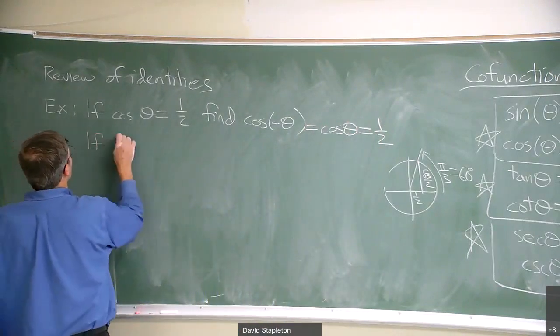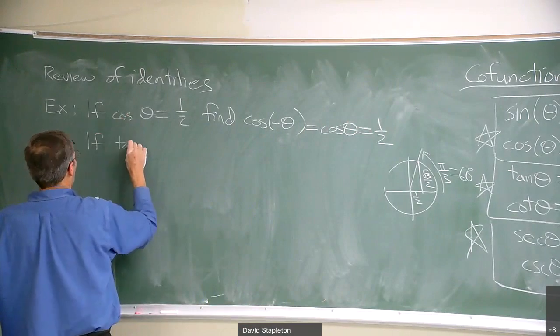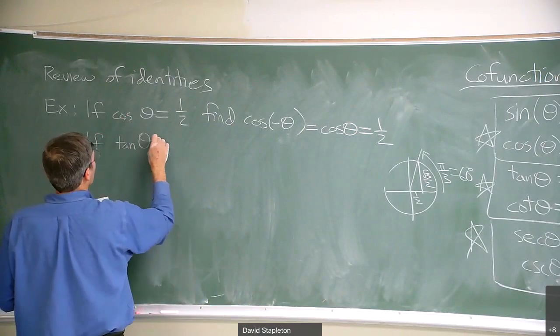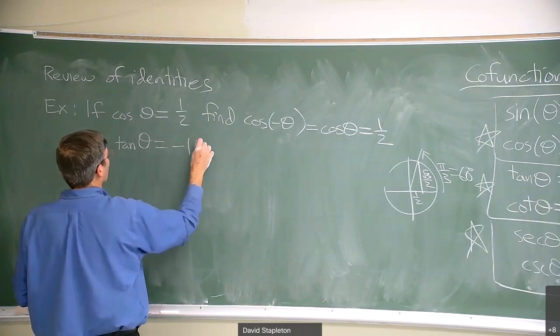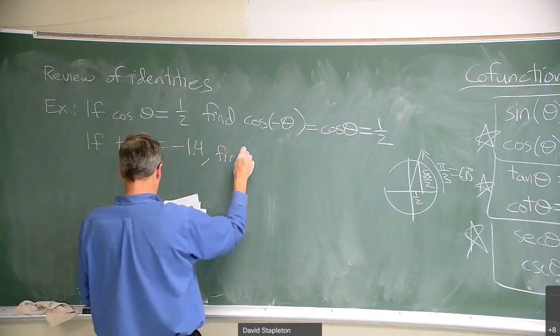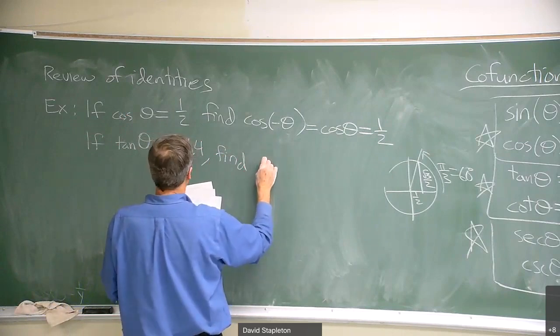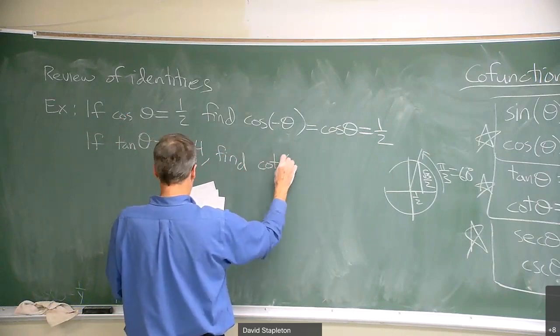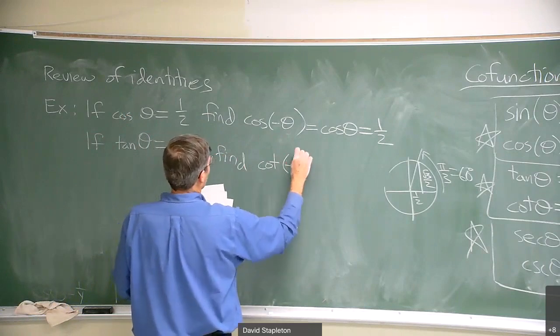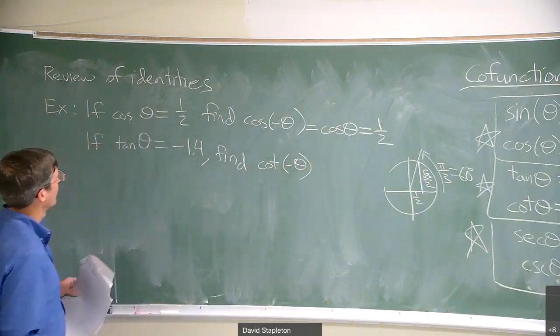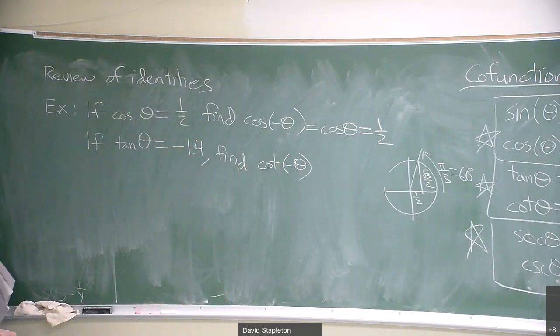If tangent of theta is minus 1.4, suppose I want to find cotangent of minus theta. How about that? It's a little trickier than on the paper, actually.